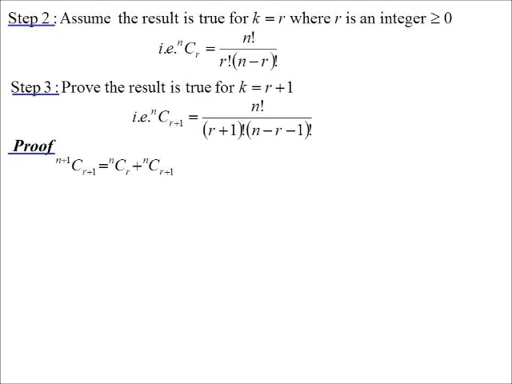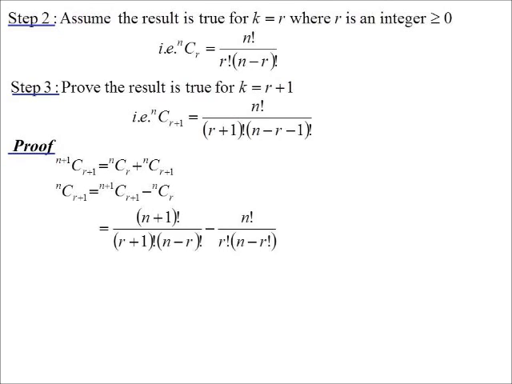Well, again, we had our Pascal's triangle relationship that said for any particular number in the triangle, I can go to the row above it and add the two terms above it. So (n+1)C(r+1) will be nCr plus nC(r+1). Well, it's nC(r+1) that I'm trying to find here. So if I rearrange that, I'll get (n+1)C(r+1) minus nCr.